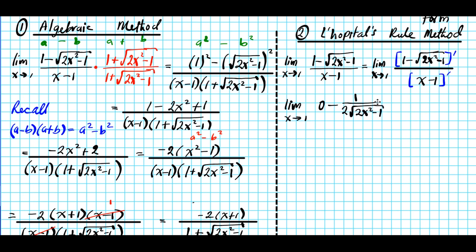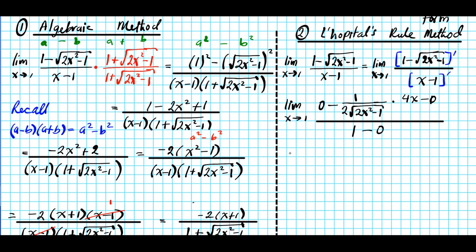We have differentiated the outer, evaluated at the inner, times the derivative of the inner function, which is 4x, using the power rule on 2x squared minus 1. Sorry, the derivative of 1 is 0. Okay, so we have it set up like that. And then for the denominator, we'll just do term-by-term differentiation. The derivative of x is 1, and the derivative of 1 is 0.